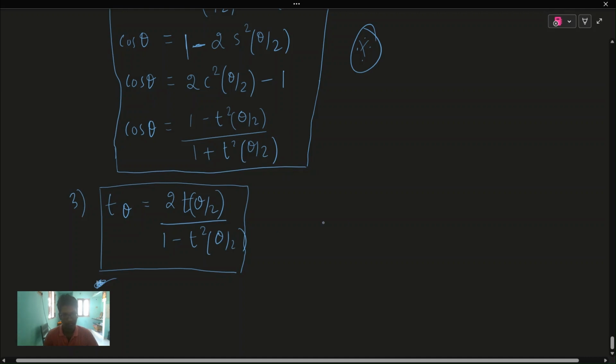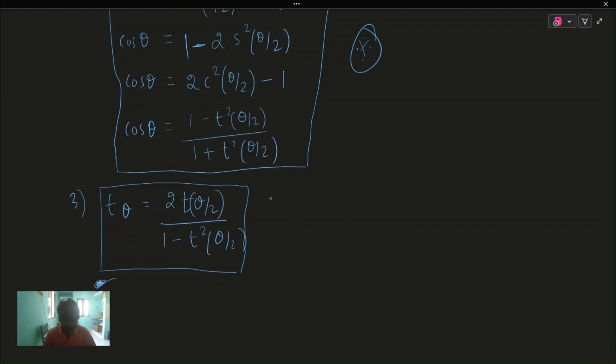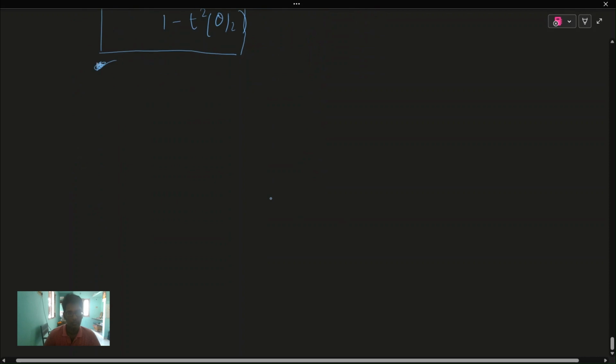Okay. So these are the identities, and let's now see further angles to be noted.